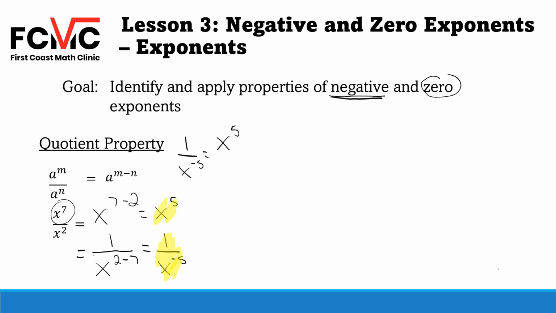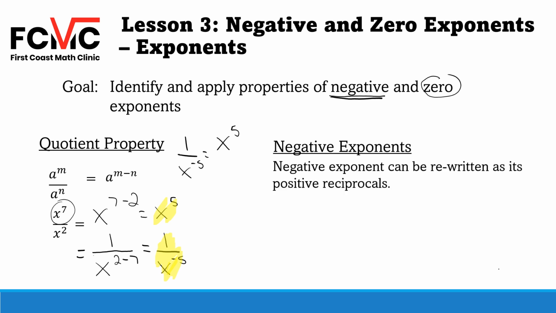And that's the property that we're going to be using when we work with our negative exponents. So our rule with negative exponents is that negative exponents can be rewritten as their positive reciprocal. We've got 1 over x to the negative 5th. We're making the exponent positive, and we're bringing this x to the negative 5th up to the numerator.